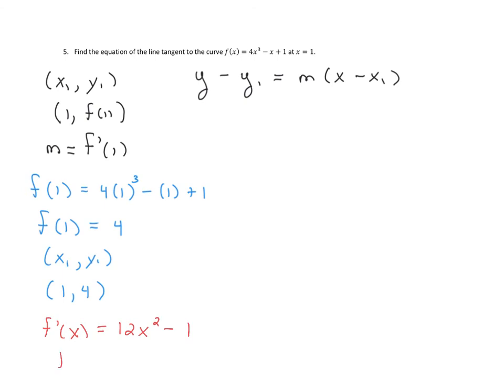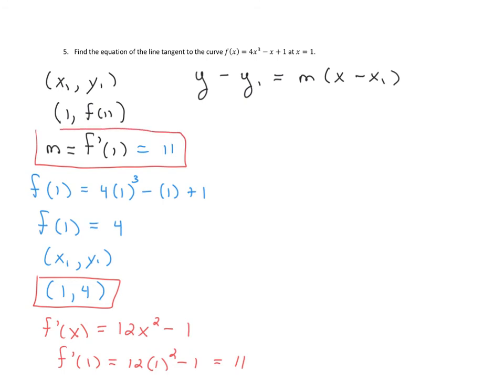So f prime of 1 is equal to 12 times 1 squared minus 1, and that is 11. So great. I have the point, and I also have the slope, 11.